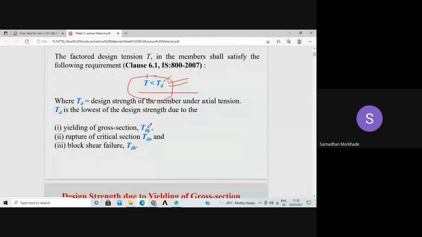Out of these, whichever is the minimum is taken as the design tension, which means at that minimum value our section is going to fail.